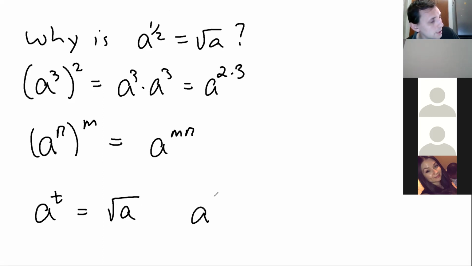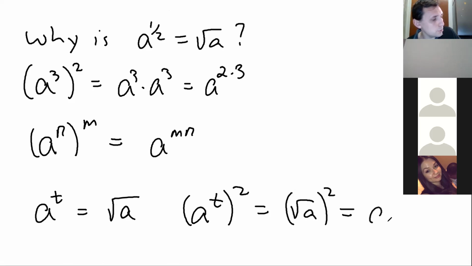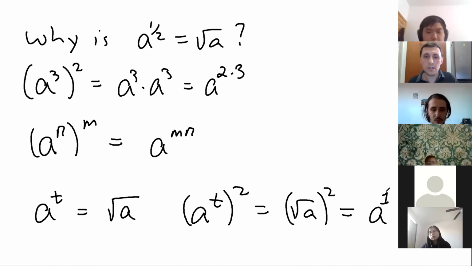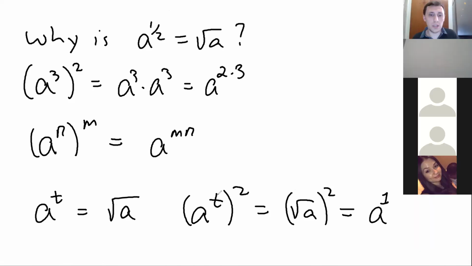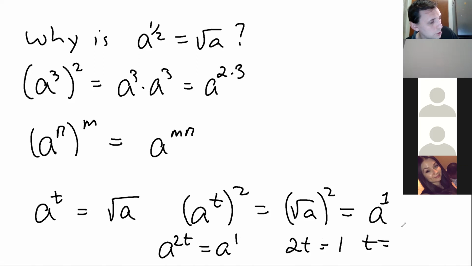I know that a to the power of t, squared, is supposed to be root of a squared, which is supposed to be a. In other words, a to the power 1. You understand? But what is a to the t squared? That's a to the 2t, equal to a to the 1. So you get that 2t is equal to 1. And so your notation is t equal to 1/2. As simple as that.